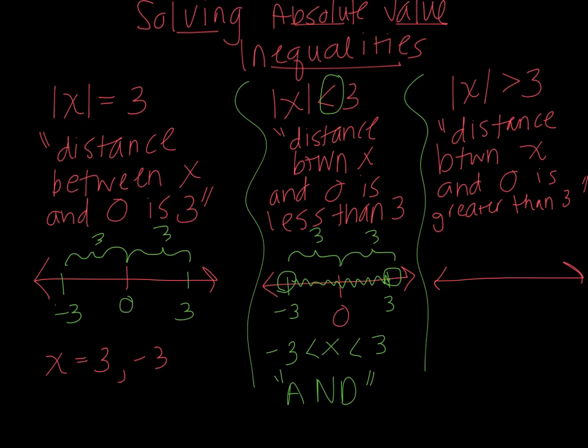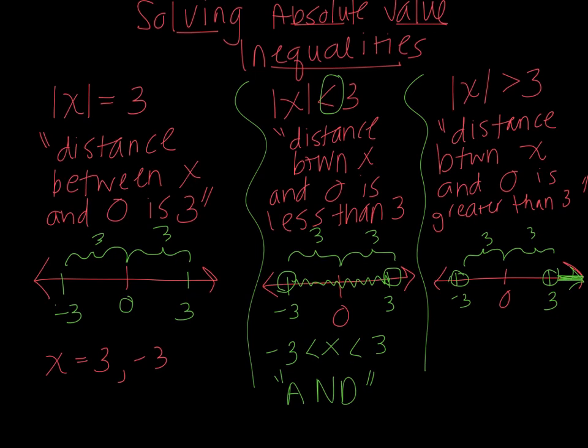So again, taking a look at our number line, we go 3 units in this direction and 3 units in this direction. And that ends us up at negative 3 and 3 again. And we want all the numbers that are more than 3 units away from 0. So that's all these numbers over here.